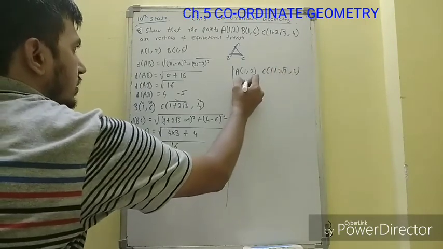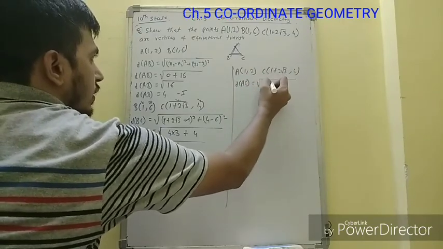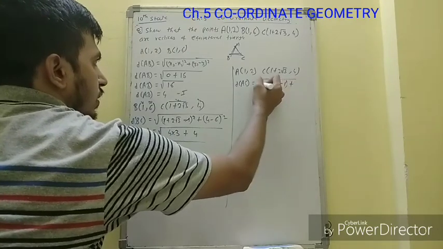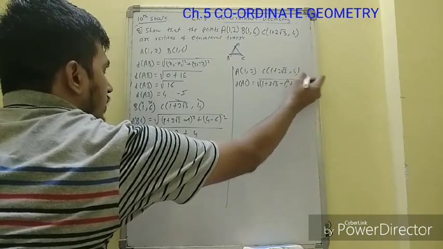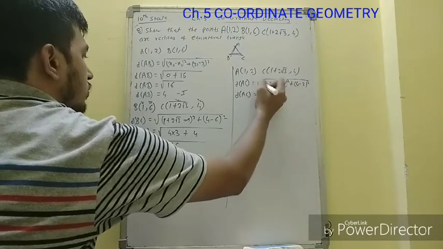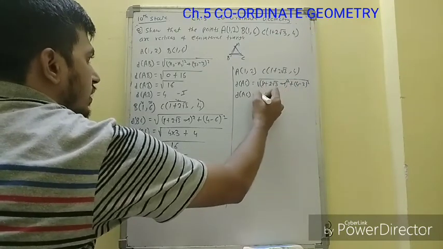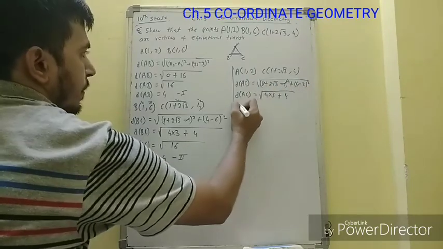So distance AC, x2 minus x1 the whole square, y2 minus y1 the whole square. Distance AC, minus 1 plus 1 cancel. 2 root 3 square, 2 square is 4, root 3 square is 3, plus 4 minus 2, 2 square is 4.